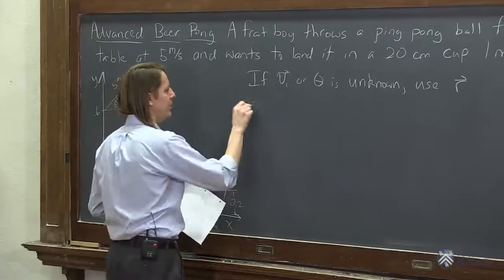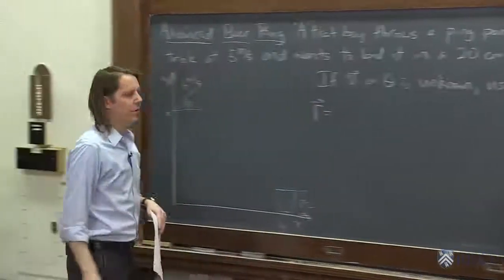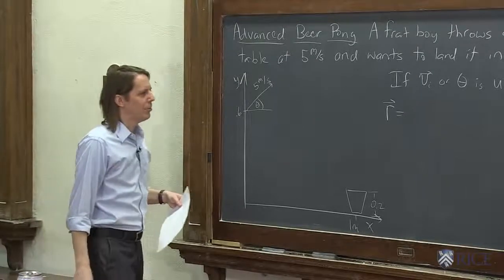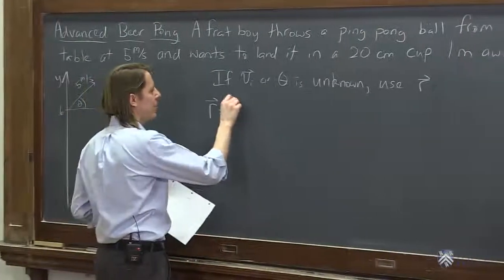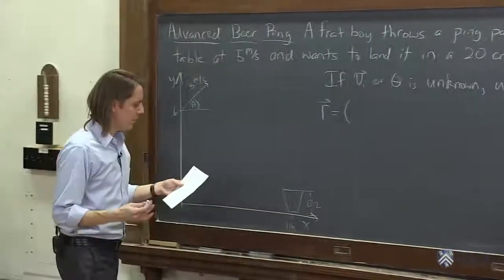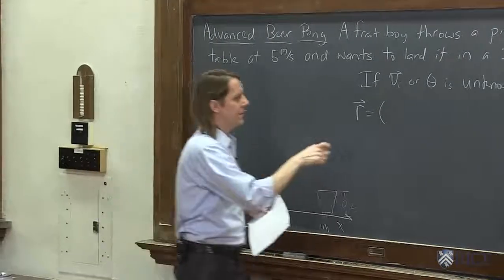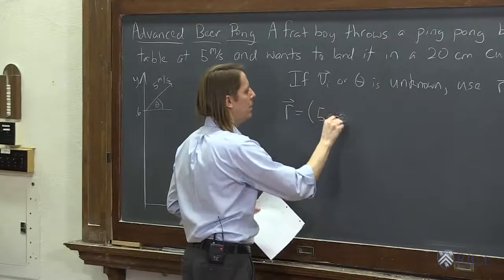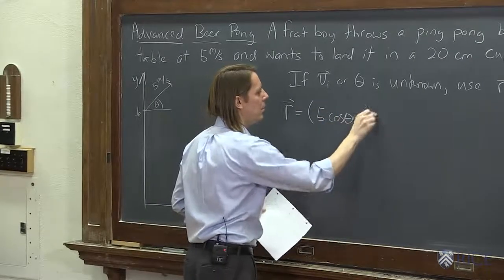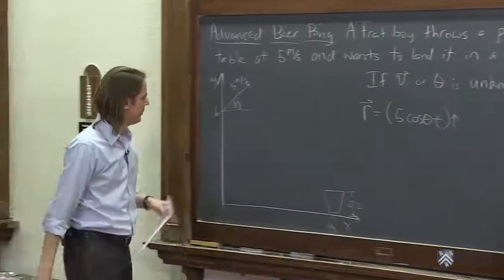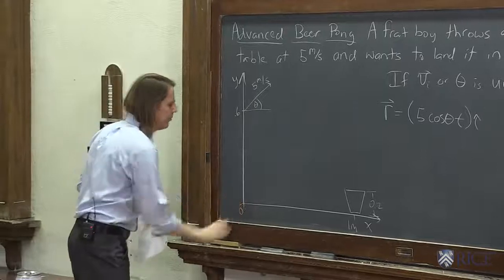We will write the position vector R of the ball. Right? We just need the x component. Well, x component is constant velocity motion, no acceleration, so it is simply 5 cosine theta t. No initial position I hat, right? Because it started at 0. There's the origin.